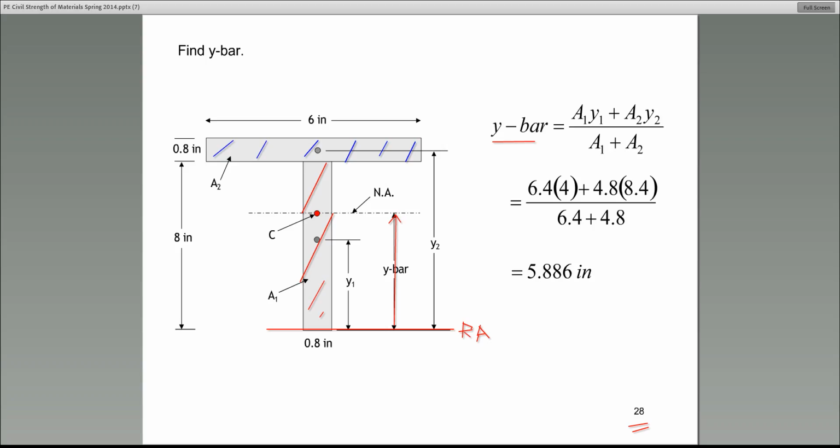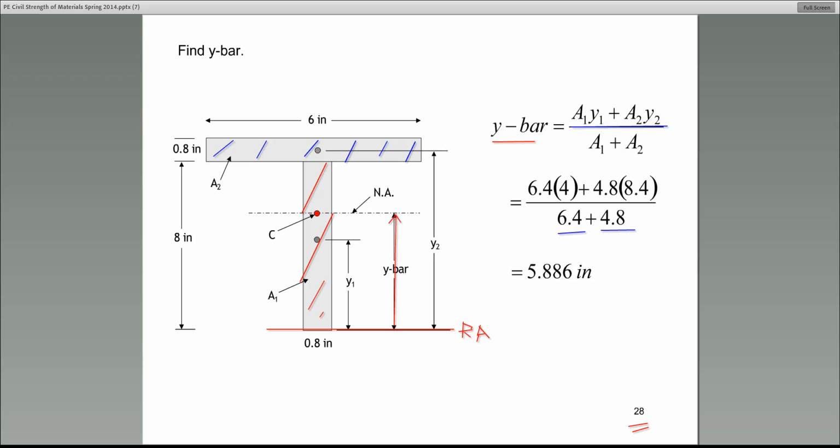The top is A1Y1 plus A2Y2 divided by A1 plus A2. Let's start with the denominator. The denominator is simple. A1 is the area number 1, in this case 0.8 times 8, plus A2, which is the area number 2, 6 times 0.8.